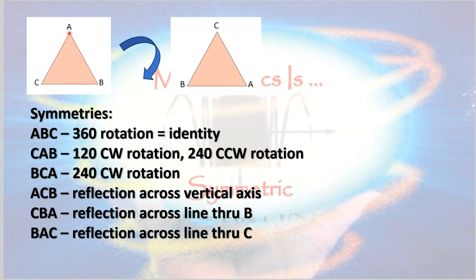What about a 240 degree rotation counterclockwise? It's certainly a symmetry, but it's the same CAB as for the 120 degree clockwise rotation.